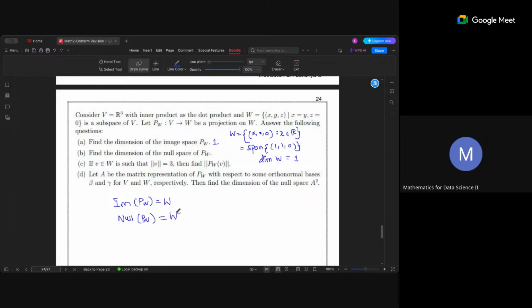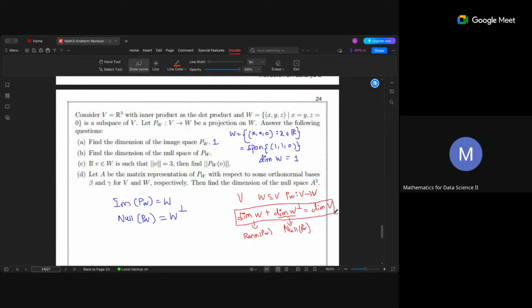It is W perp. One important property again here: suppose you have a vector space V and W is a subspace of V. Then dimension of W plus dimension of W perp is equal to dimension of V. This is because PW is from V to V, and when you apply the rank-nullity theorem for PW, this corresponds to the rank of PW and this corresponds to the nullity of the null space of PW, and hence you have this property.